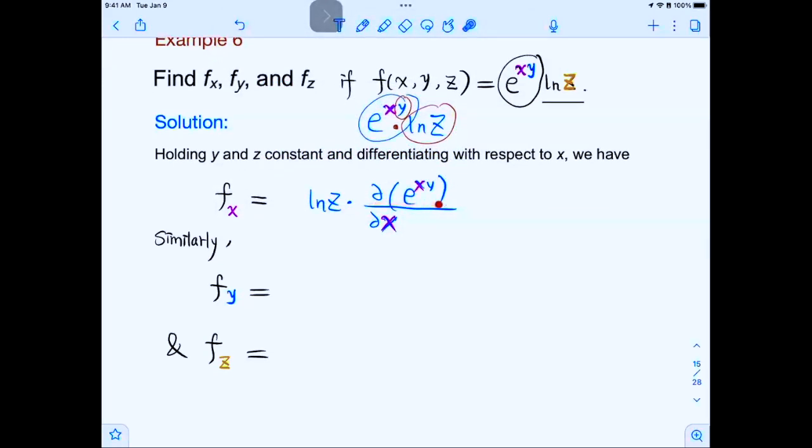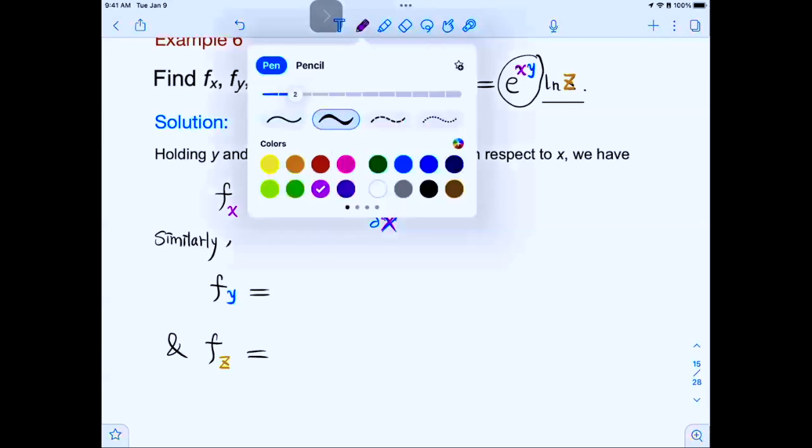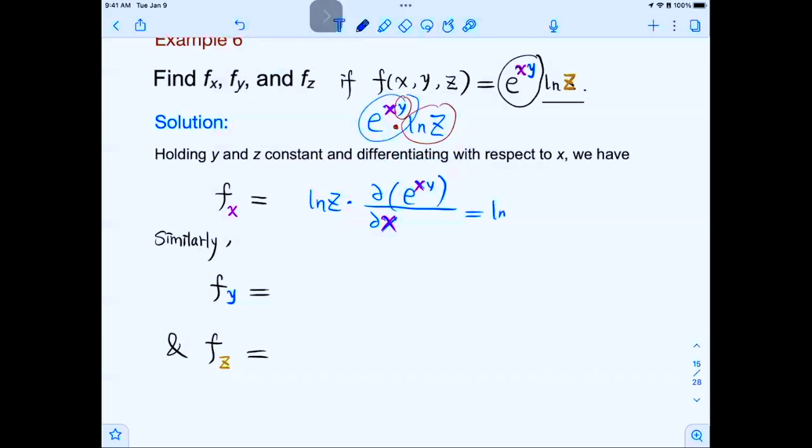When we do that, what would that be? This one here, we need to use the chain rule, right? We need to use the chain rule. So ln of z will be outside. Okay. What's the partial derivative of e to the xy with respect to x?